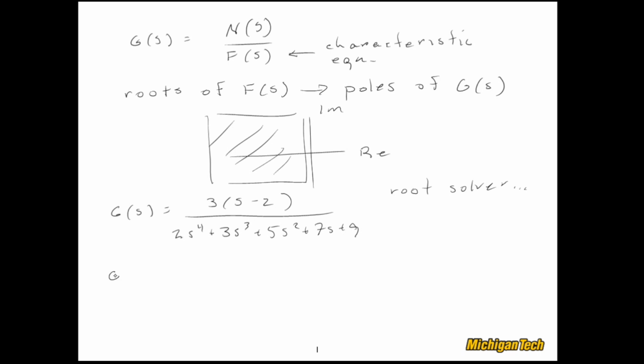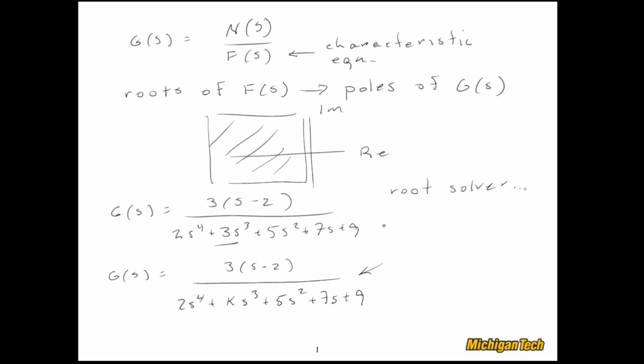But let's say that you have a g of s that looks like this. So I'll take the same transfer function and make one little change. And what I've done is I've just replaced the 3 in the s cubed term with a k.